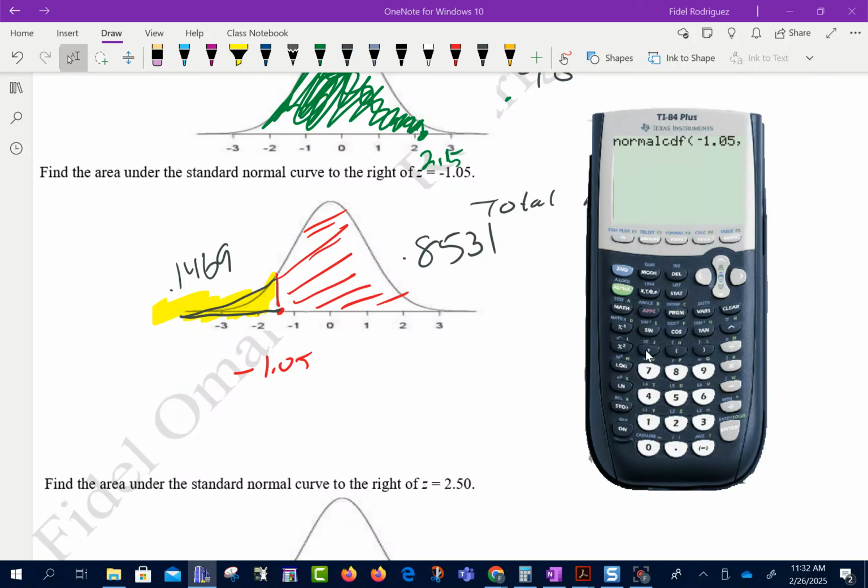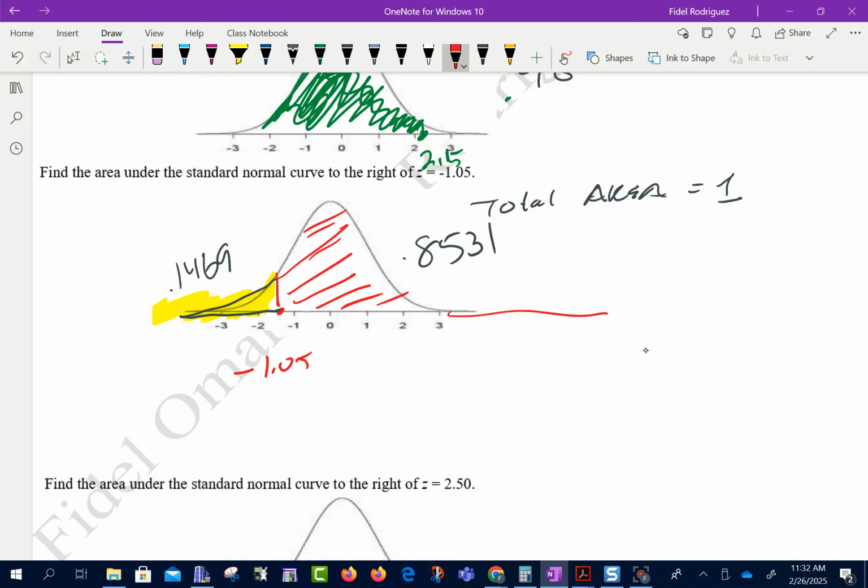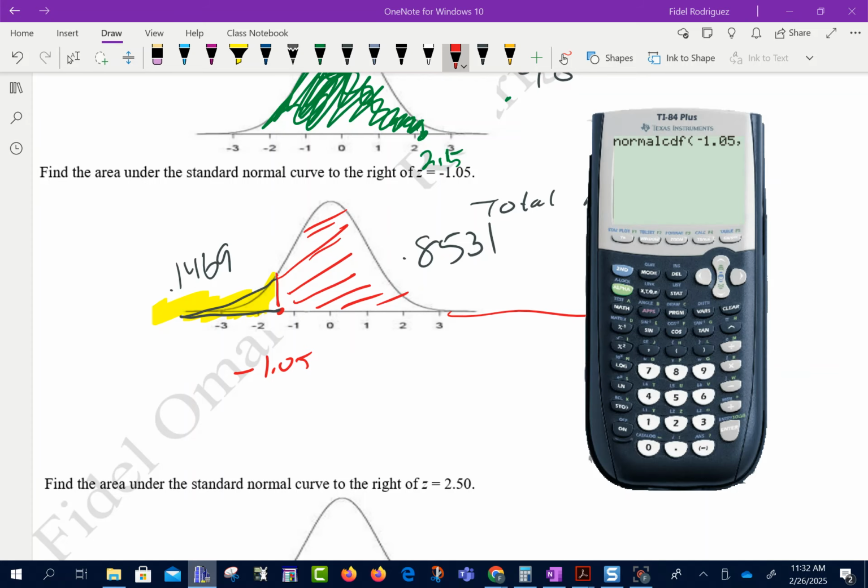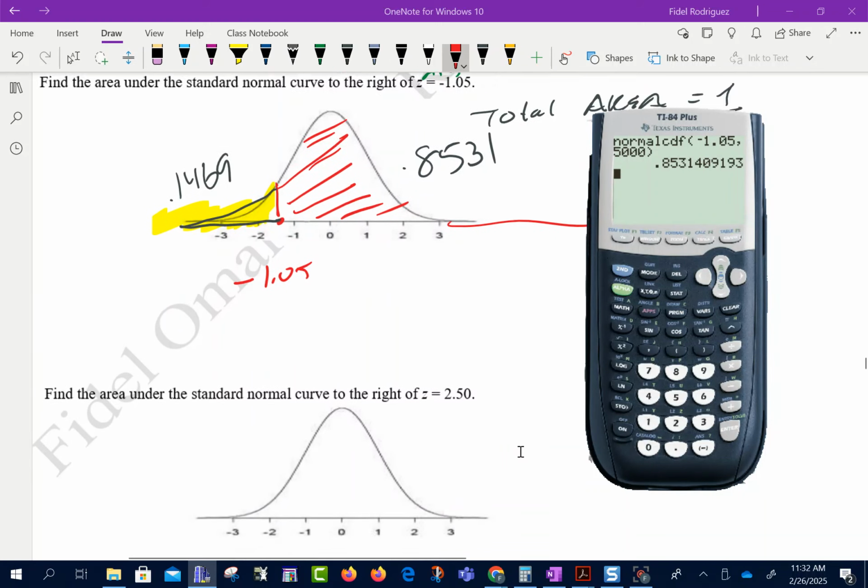And since I'm going all the way to the right, I'm going to use 5,000 as my upper limit because I'm going all the way as we approach infinity. So we're just going to use a really big number there. And 0.8531, and we got it, okay?